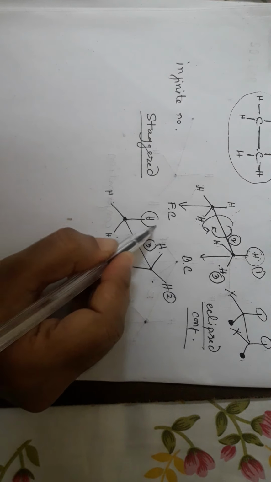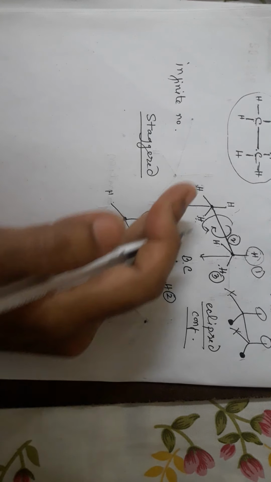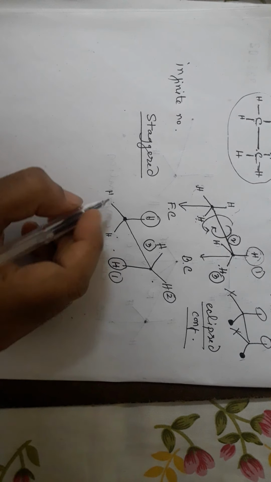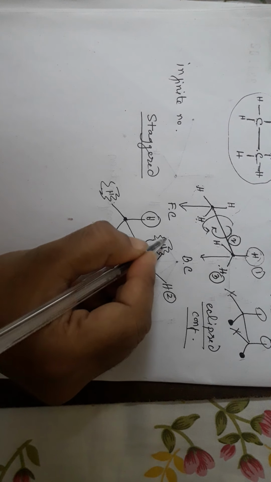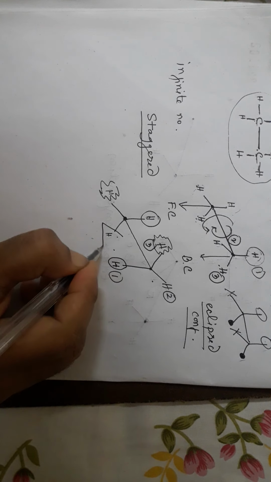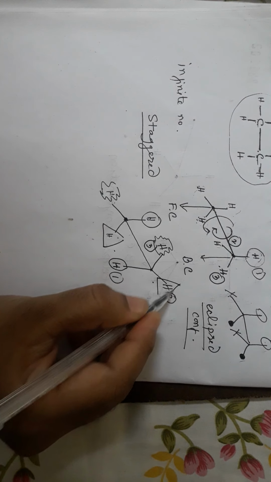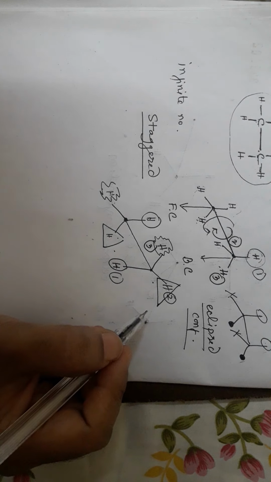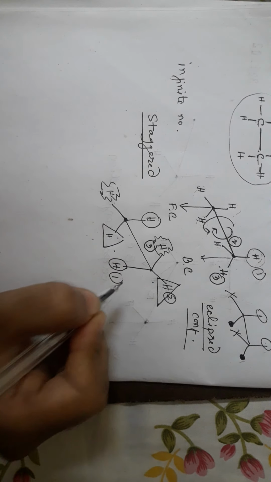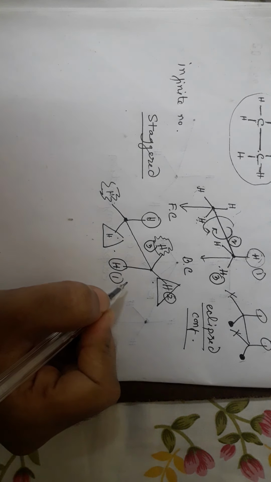So this hydrogen and this hydrogen are far from each other. This hydrogen and this hydrogen are far away. This hydrogen and this hydrogen are also as far away as possible from each other. So energy for this staggered conformation is minimum.